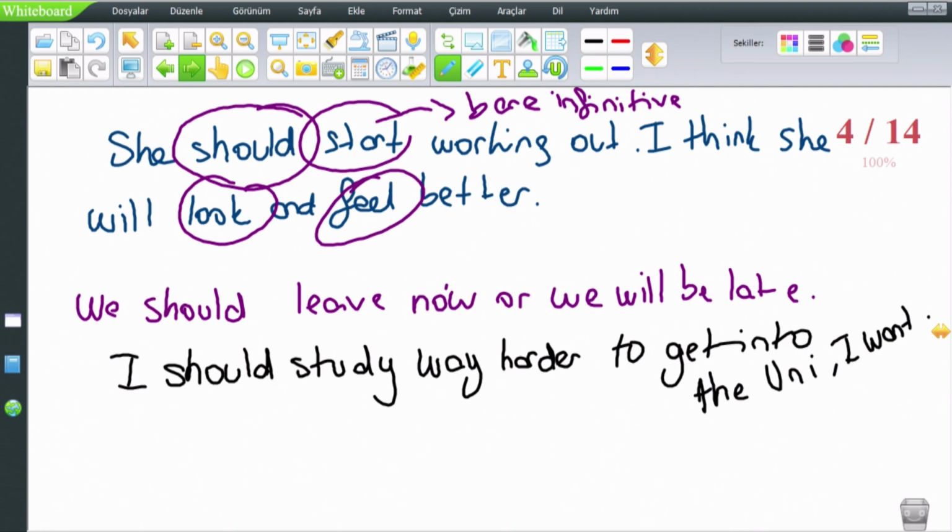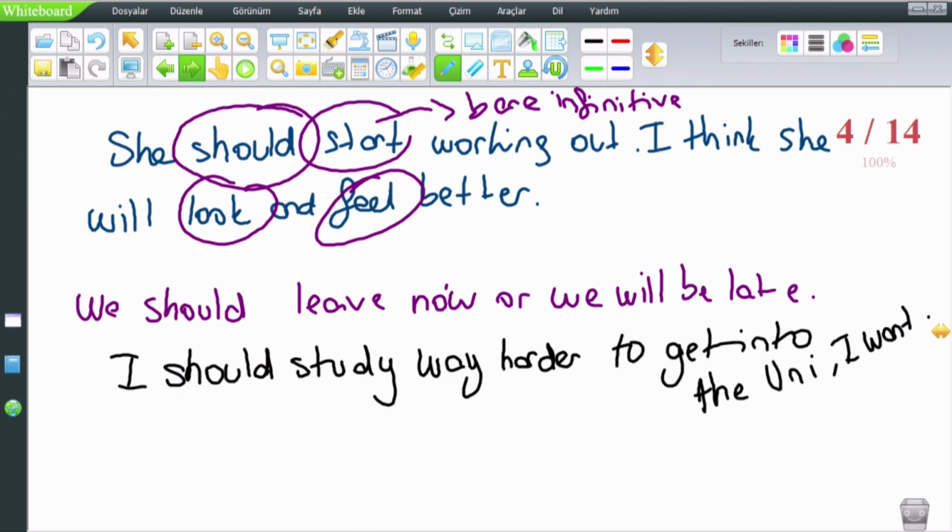Then we have given more examples. She should start working out. I think she will look and feel better. As you can see, I tell my own opinion about her, what I think is the best for her.